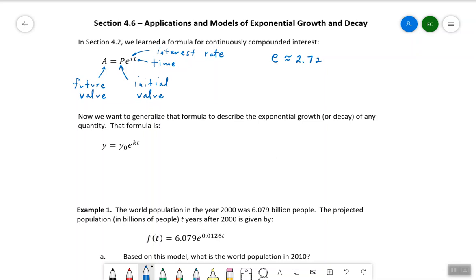So at any rate, all we're saying here is that in the new formula, y is a function of time t.